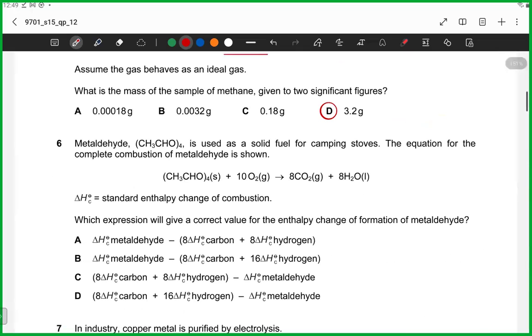How do you find the enthalpy based on enthalpy of combustion? You find it by the heat energy given.